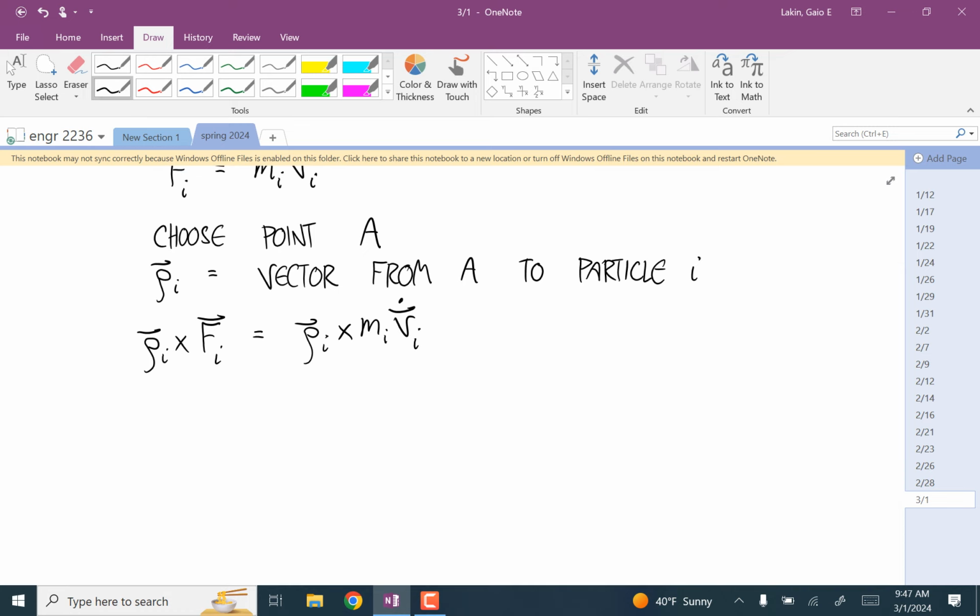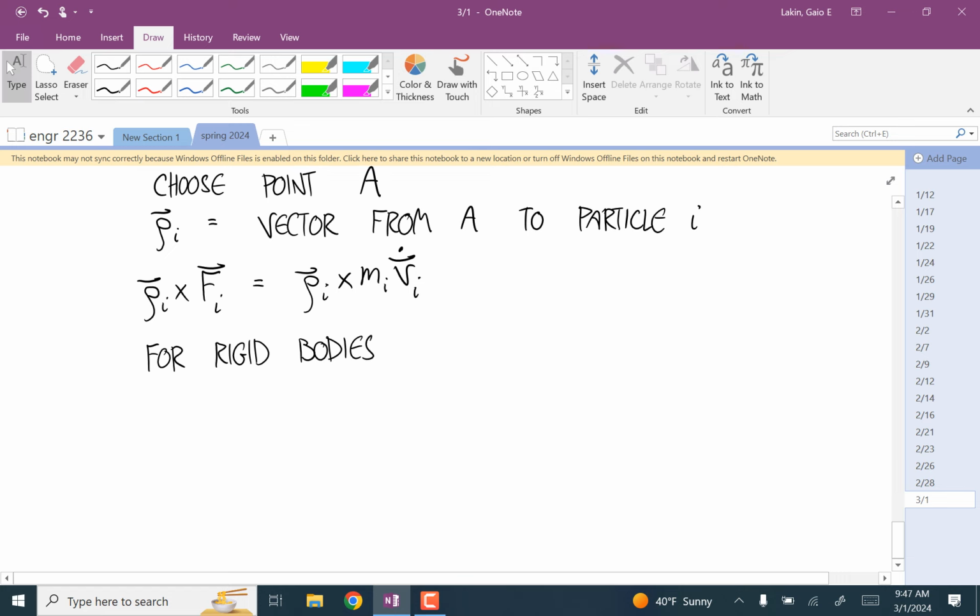And for rigid bodies, the time derivative of the angular momentum is equal to I alpha.